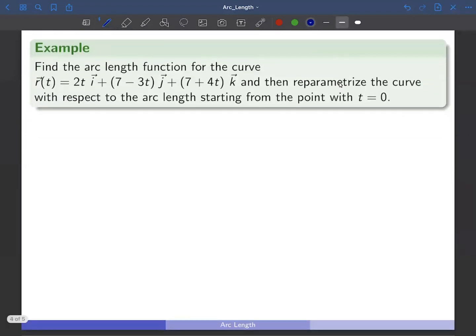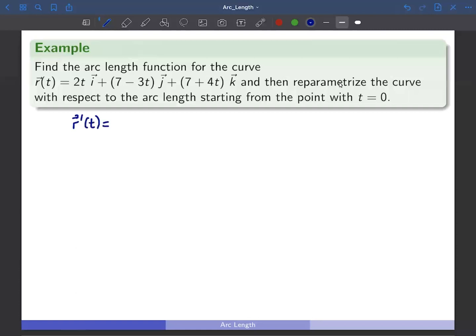We are asked to find the arc length function for the curve r of t equal to 2t times the vector i, plus 7 minus 3t times the vector j, plus 7 plus 4t times the vector k, and then we parameterize the curve with respect to the arc length starting from the point with t equals 0. In order to find the arc length function, we'll first need to evaluate the tangent vector.